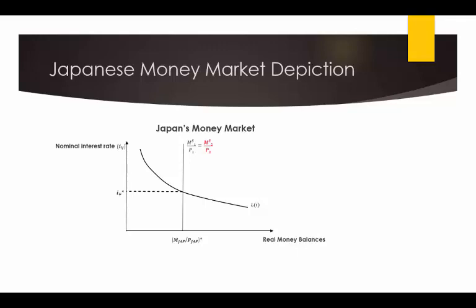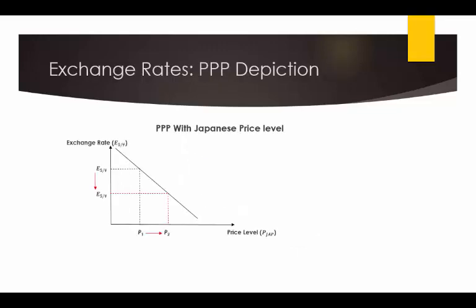As a result, the long-run interest rate is unaffected in the money market. However, as we show next, the effect of the price level increase via PPP in the long run causes the dollar-yen exchange rate to fall as the yen weakens against the dollar.